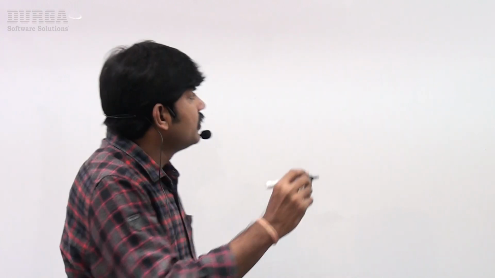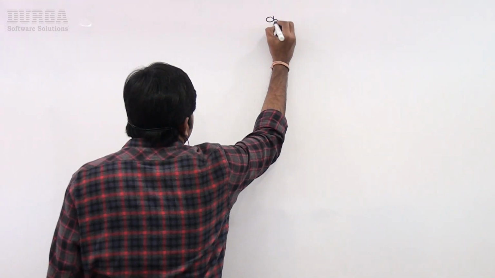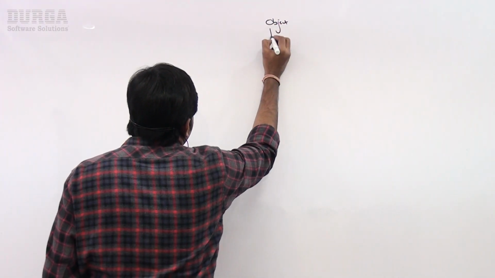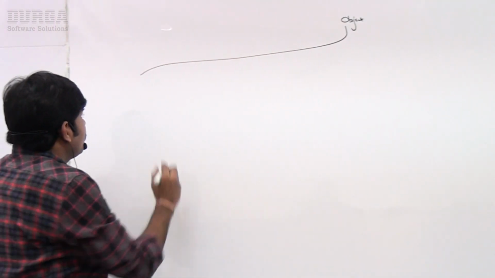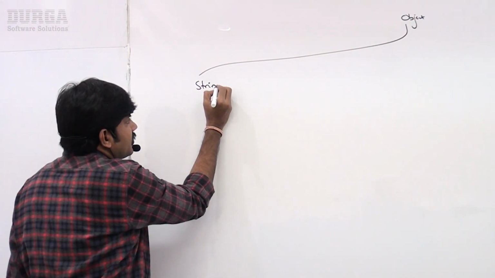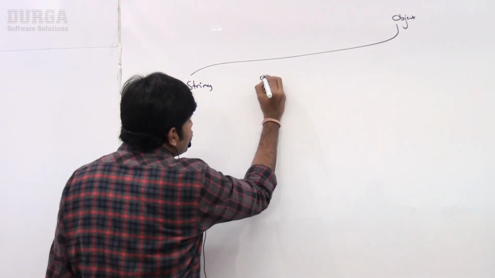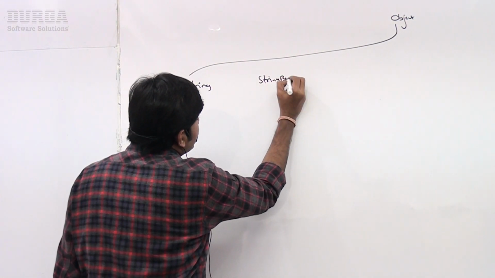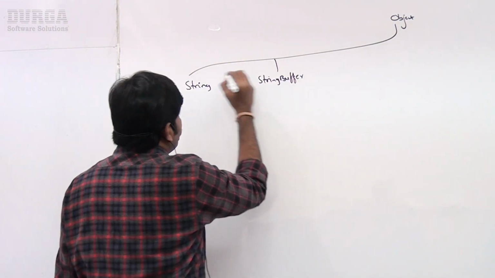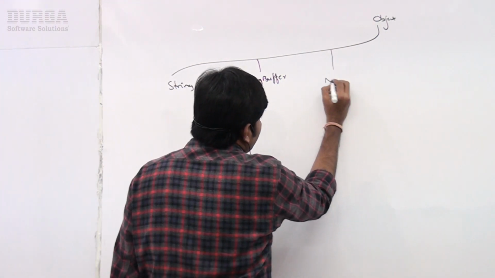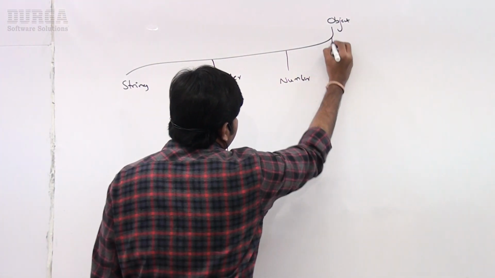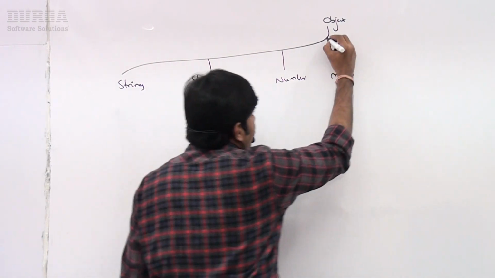Object class. You know, sir, now Object. For Object, there are several child classes. String class is one child. Next, StringBuffer is one child. Next, Number is another child, Math is another child.